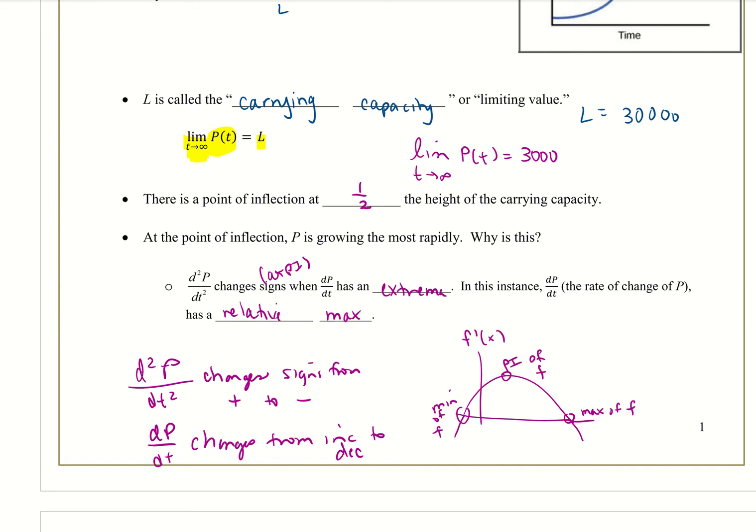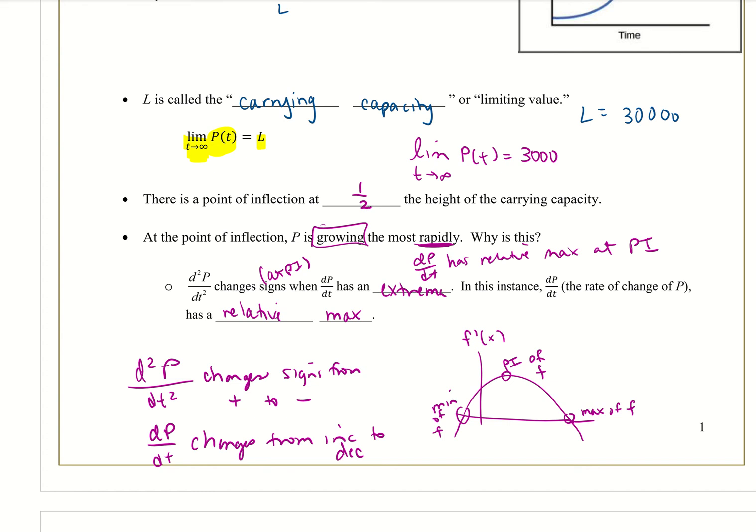That's why P is growing, in derivative language, the most rapidly. It's because dP/dt has a relative max at that point, which is kind of a cool thing that we can find out.